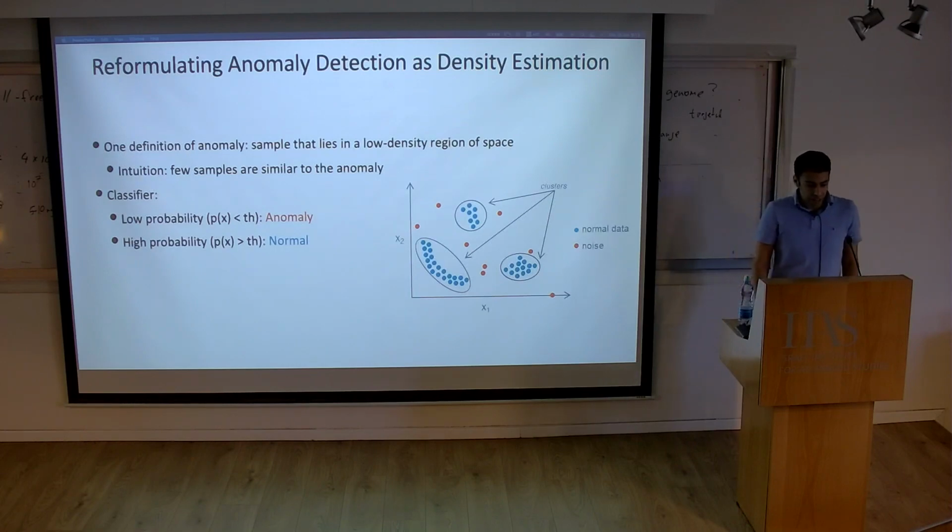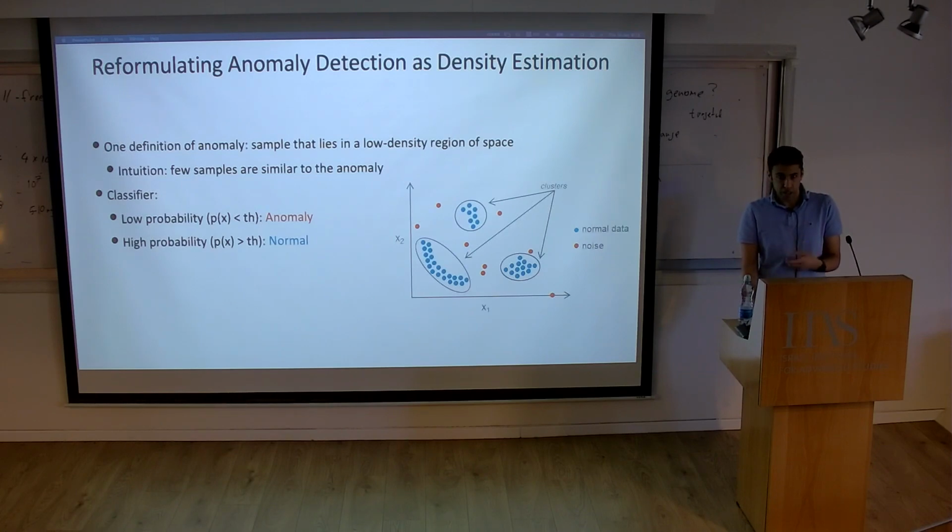And then at test time, we take a new sample and we estimate its probability density. And if its probability density is high, then we say that this is a common sample, so it is normal. But if the probability density is low, then we would say that this is an uncommon sample, so therefore it is anomalous.